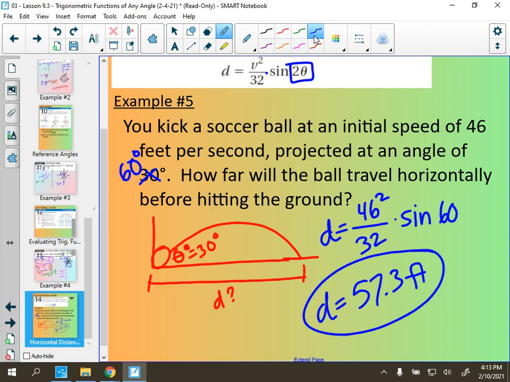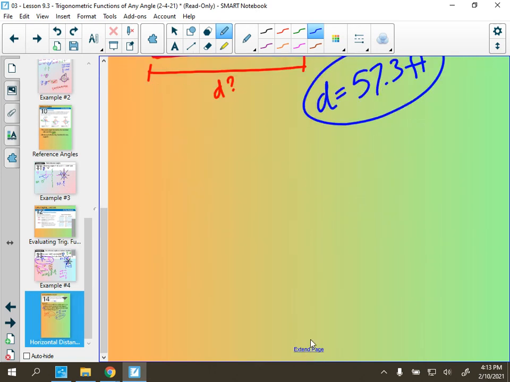So the only potential wrinkle you could see here with this formula, and I don't mean to extend the video any longer than I have to, but a similar type of question: what if I said, hey, you kicked the ball and it went 75 feet.